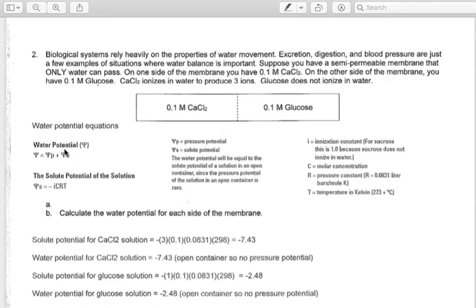Why? Because water potential is the potential of free water molecules to move. If there's a lot of solute, there's a lot of water molecules that are attracted to that solute, so they're no longer free. So you have decreased the water potential because you have decreased the amount of free water molecules.